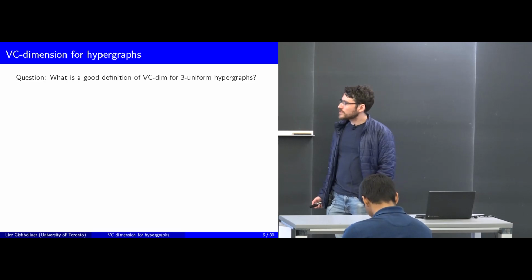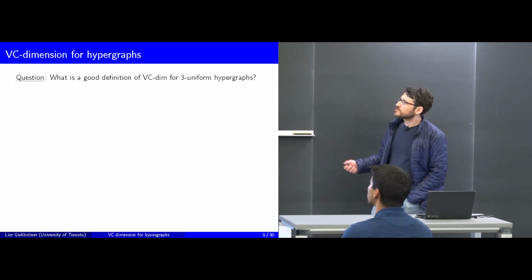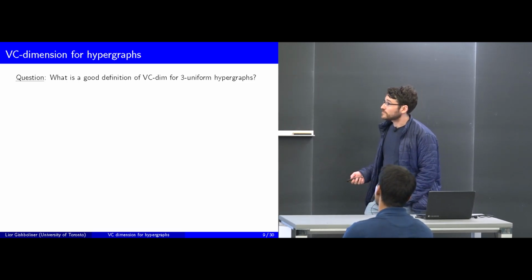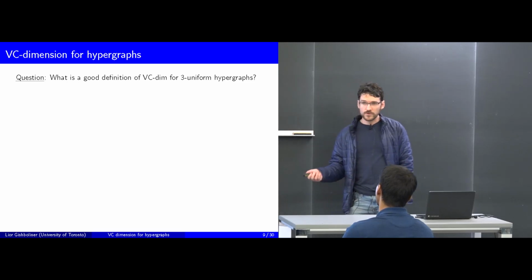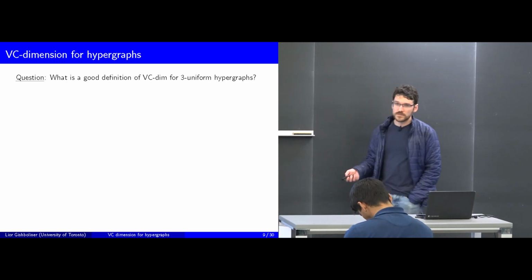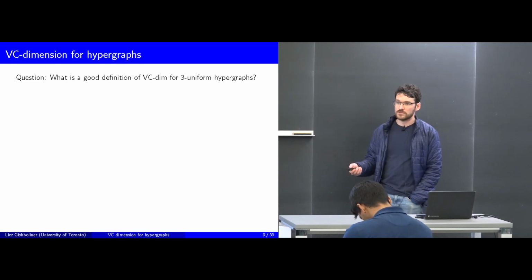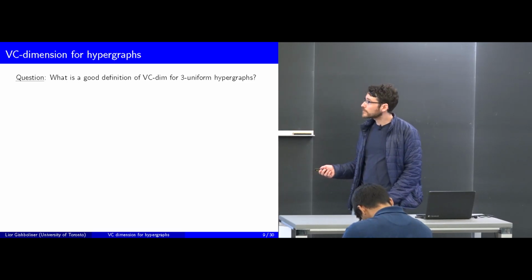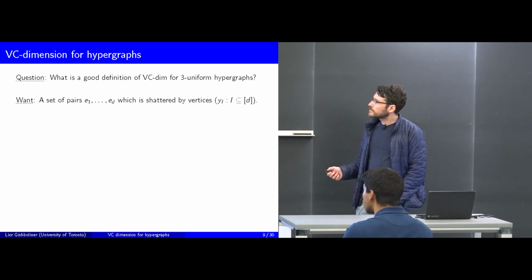Let me switch to talking about VC dimension for hypergraphs. Now we're looking at 3-uniform hypergraphs, so every edge has size 3, and the question is what definition of VC dimension makes sense. We want a similar situation as before, but now instead of shattering a set of vertices, we want to shatter a set of edges, of pairs.